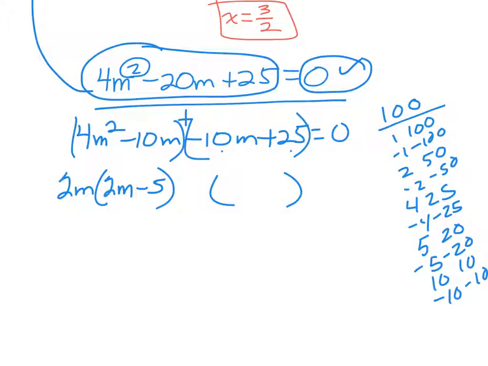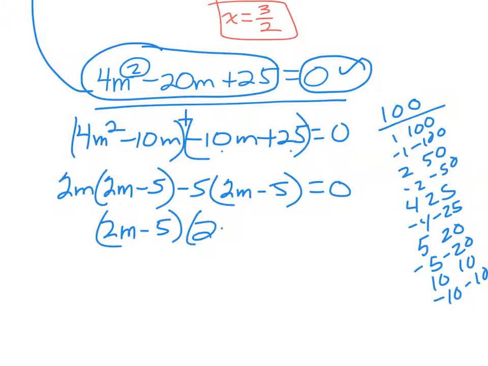Take out a negative 5. And that'll leave 2m minus 5. So it appears to factor 2m minus 5 times 2m minus 5 equals 0. And my second step is done. I've got it factored.